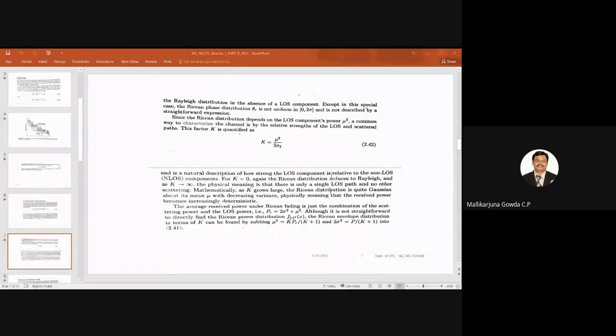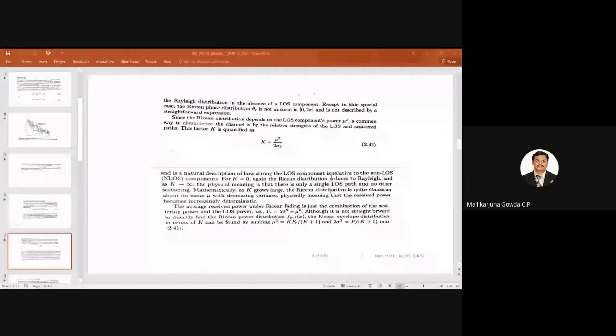As I said, the Ricean distribution depends on the line of sight path component. The line of sight power, mu square, is used to characterize the channel by the relative strength of the line of sight and scattered paths, through the factor k, which is equal to mu square divided by 2 sigma square.